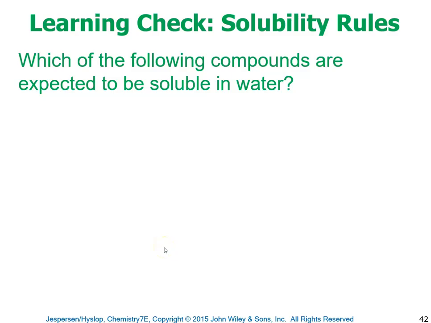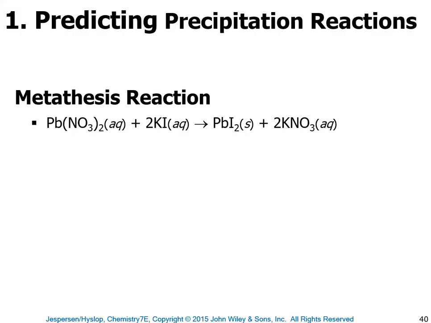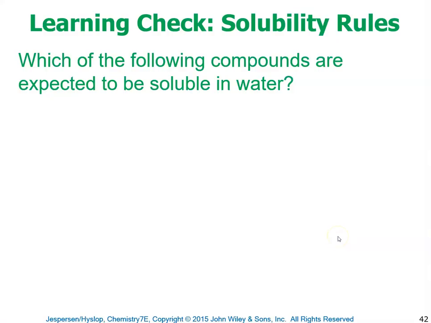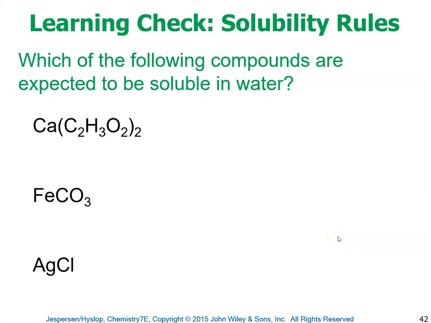Okay, so what we want to do is make sure that we understand the solubility chart I just showed you and how to read it. We will look at which of the following compounds would be expected to be soluble in water. You'll have to go back and check that list and cross-reference it with this one.